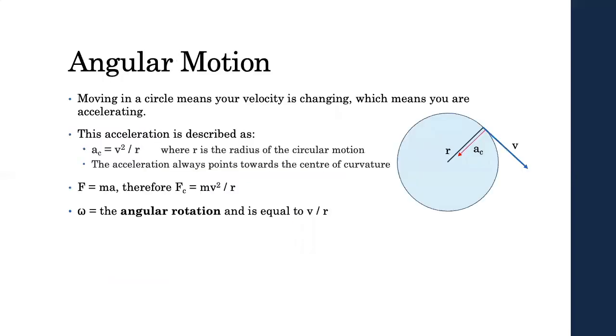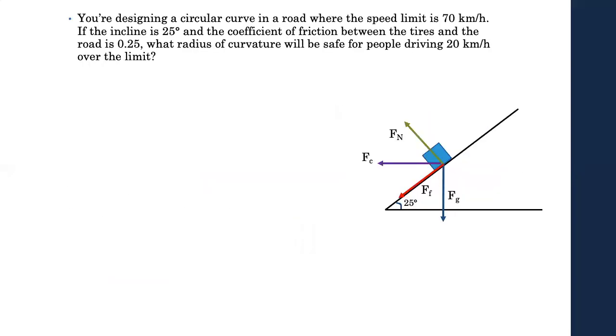Cool. Let's go back to this one. The cryptic part of this question is it says what radius of curvature will be safe. And so if you make the radius smaller, that means you need to be going slower. Exactly. So the idea is you're working your way from large to small.